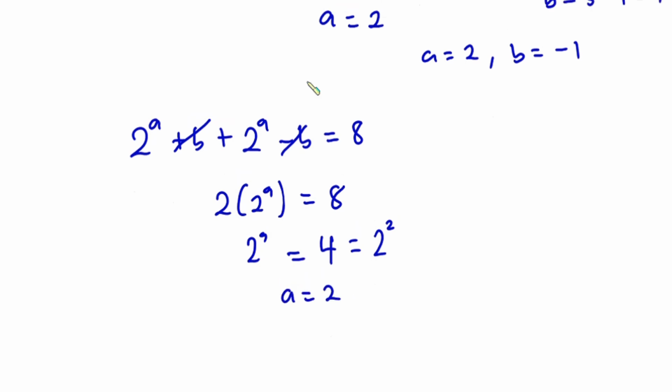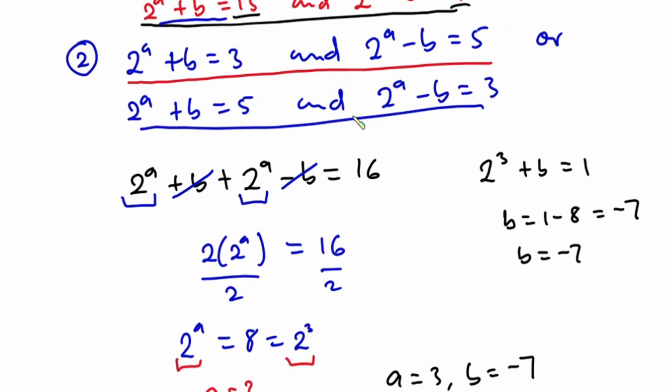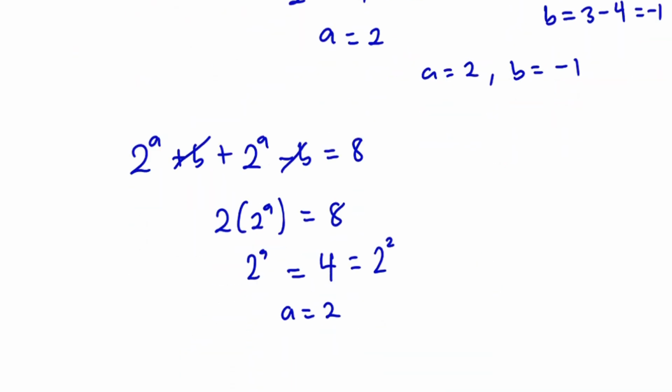So when a is equal to 2, let's plug this one as well into any of the equations. I'm going for this equation, this one. So we have 2 to the power a plus b is equal to 5. So when a is 2, we have 2 to the power 2 plus b is equal to 5.